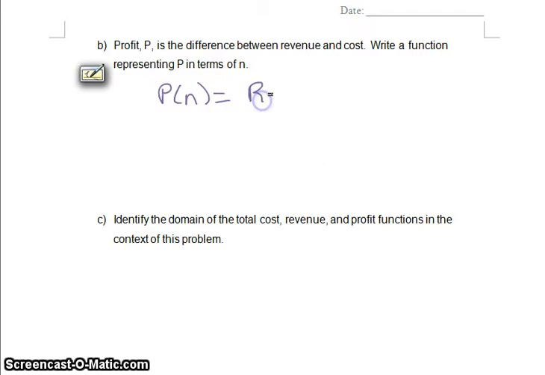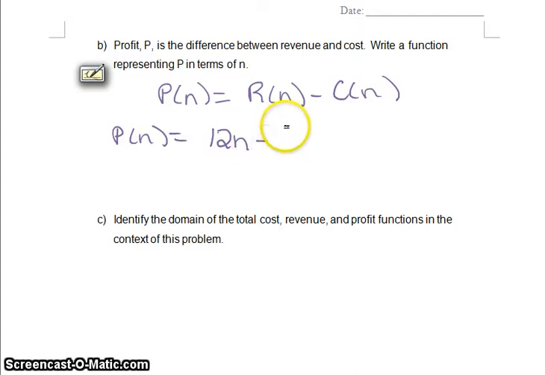So you take your revenue, subtract your cost, and then we just plug those functions in. So P of N is equal to, if you remember, your R of N was equal to 12N. And your cost was 125 plus 7.5N.